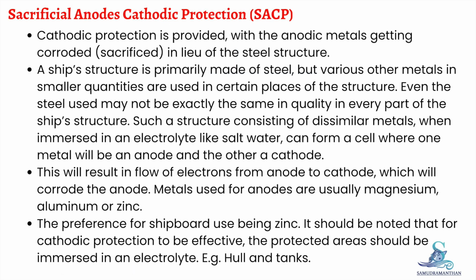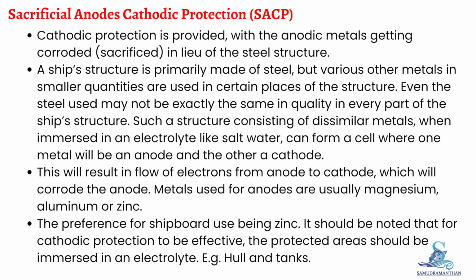Sacrificial anode cathodic protection. The first method is sacrificial anodes cathodic protection, commonly known as SACP. In this process, metal alloys provide electrons by sacrificing themselves in order to protect the steel structure. A ship's structure is mainly made of steel, but it also contains other metals in smaller quantities.